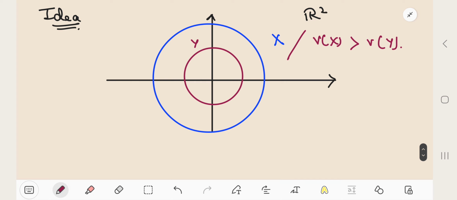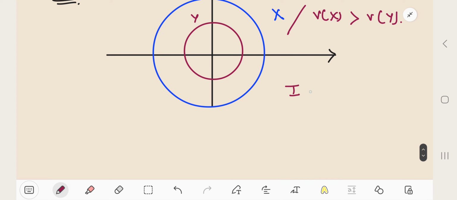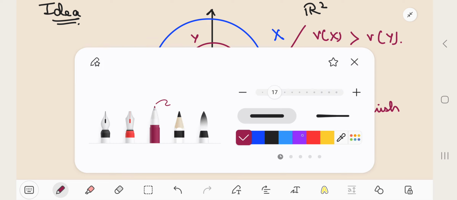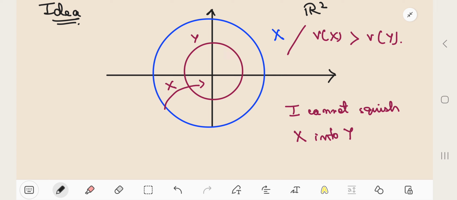So in this case, you can easily follow that I cannot squish X into Y. I cannot put X inside Y. Clear? In general, I can say that an arbitrary space X cannot be squished into a space whose volume is less than that of X.